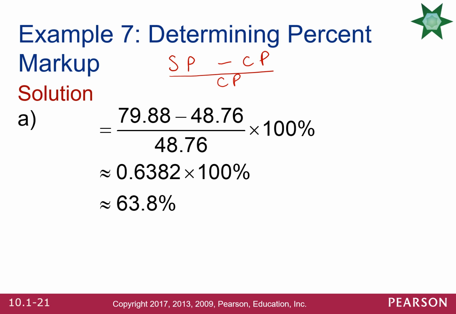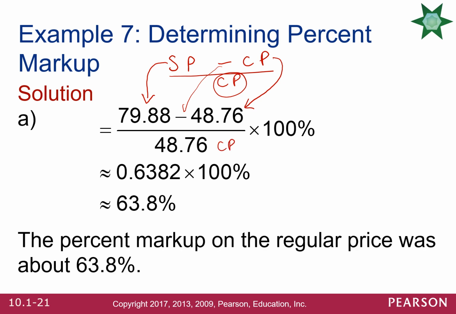Here we have the selling price 79.88 and the cost price 48.76, and we subtract them, and in the denominator we again have the cost price, and then multiply by 100. It's as simple as that. All you need to do is identify which one is the selling price, which one is the cost price, and plug them into the formula and do the calculation.